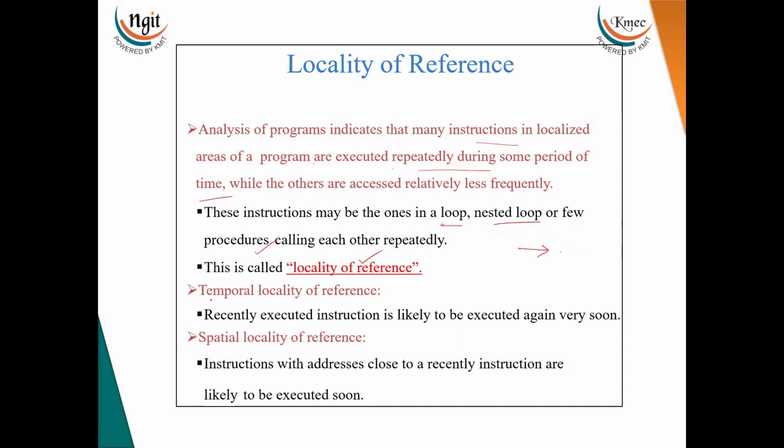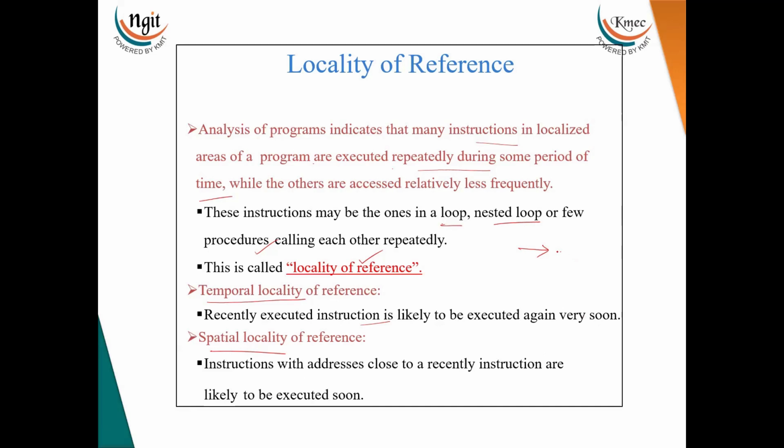Here two types of locality of reference are there. One is temporal locality of reference and another is spatial locality of reference. Temporal means a recently executed instruction is likely to be executed again very soon.